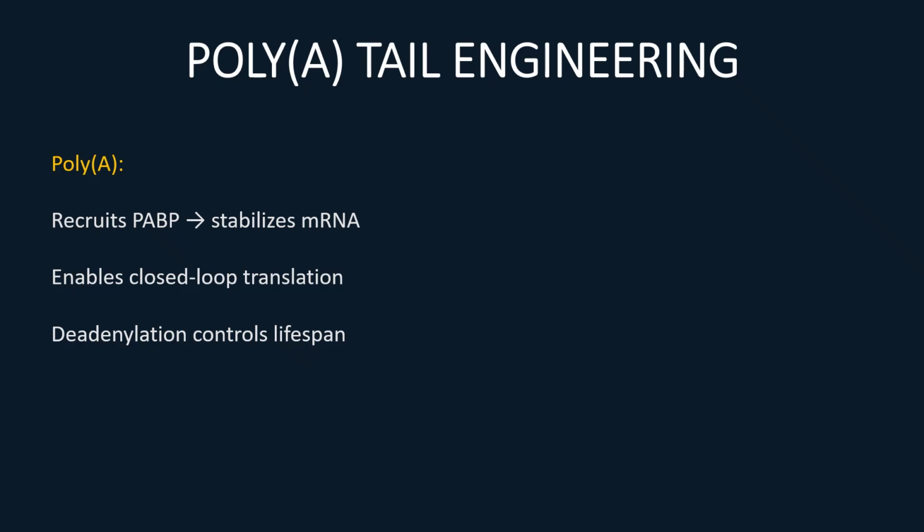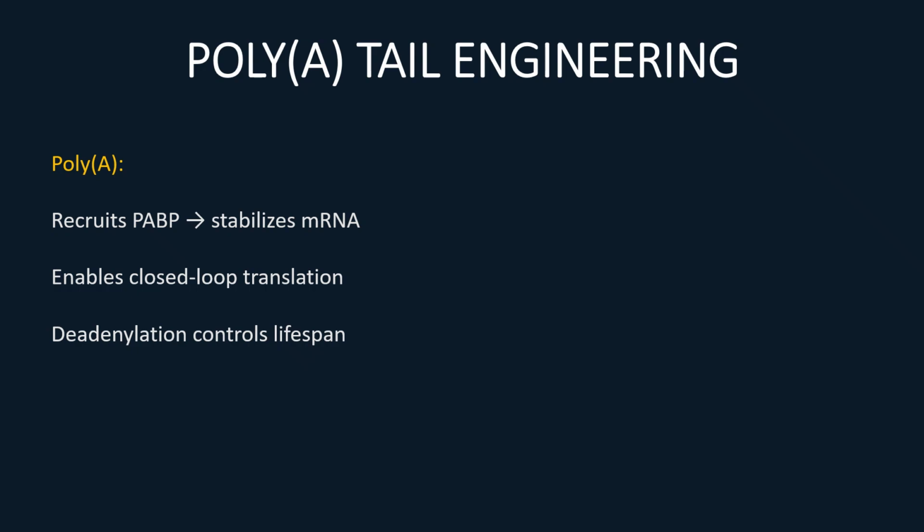But the same proteins also physically connect the tail back to the 5' cap, creating a kind of circular structure. So this circular structure makes translation more efficient.